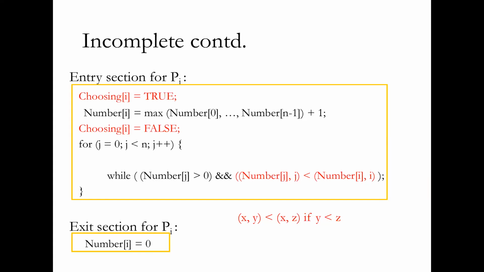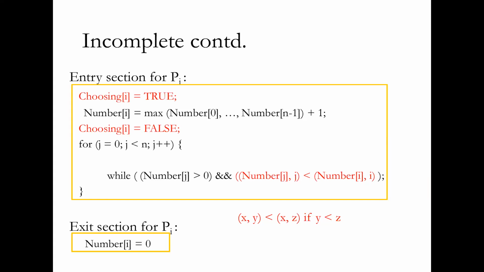I'm trying to find out my ticket number. I'm going to be calculating it in a second, but while I'm calculating, please wait. So that's like a mini critical section. I set choosing Y to true, then I calculate the ticket number, and then I set choosing Y to false when I'm done.